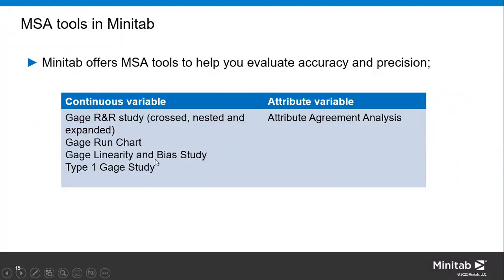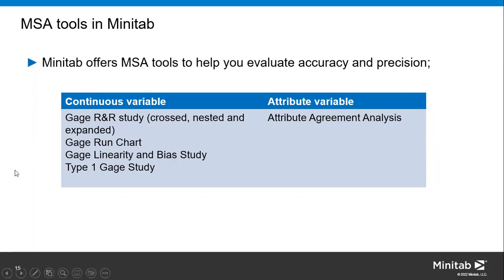We use Gage linearity and bias to evaluate the accuracy of the measurement system, and it is used when you have a reference value for each representative part. So you have a part and you have the reference value for the part, so you are able to use the linearity and bias study.